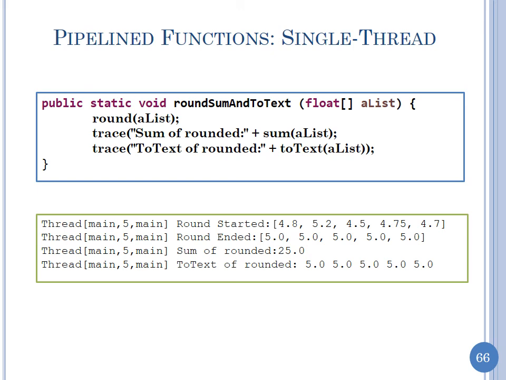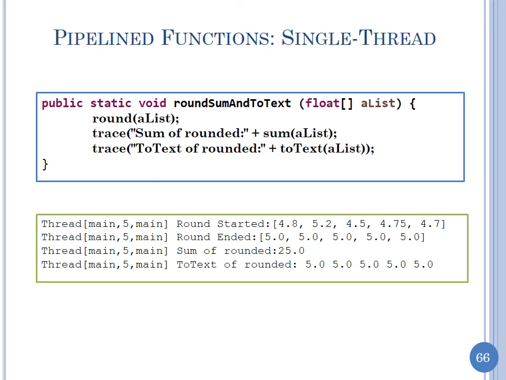I do round first, then I find its sum, and then I do a toText. So there are really three operations, and there's a dependency here, right? Until the round is done, I shouldn't be doing either the sum or toText. But the sum and toText I can do in parallel.